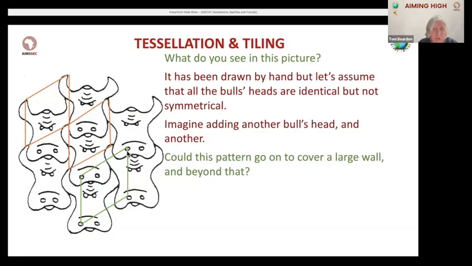So the nostrils of this bull, that's what I've joined with the green lines, and with the orange lines I've joined the top of their left hand, or on my side left, but as far as the bull is concerned, right hand, his right horn, yes, those tops of the right horns are joined up with the orange lines.